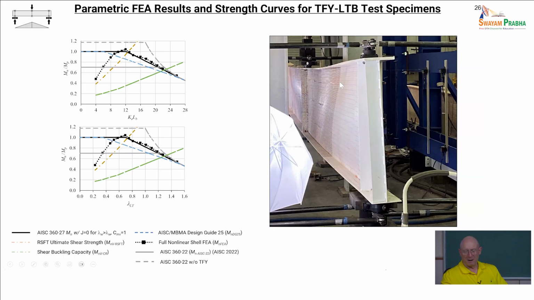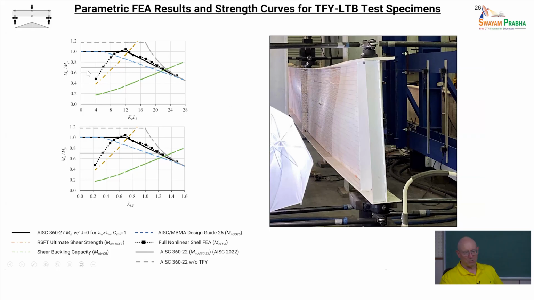However, for these specimens, the neutral axis, either elastically or as we start developing some yielding, is very high and is very close to the top flange here. And so the web is in predominant flexural tension, and as a result, based on our calculations, this section actually classifies as a compact web.